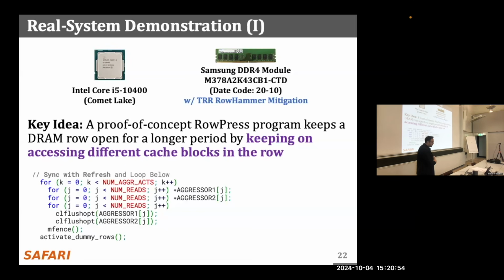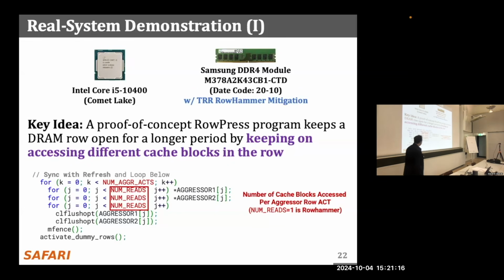So this is our example code. Basically, you access an aggressor row, then another column in the aggressor row, another column in the aggressor row, and after that you flush all the data and go back to the loop.